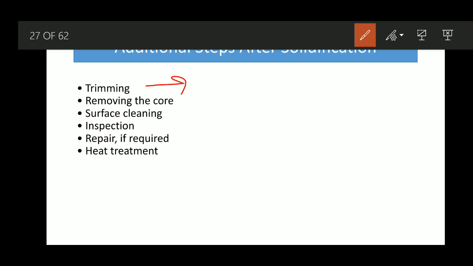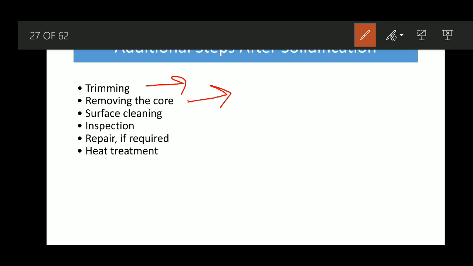Similarly, if we have used a core during the casting process to give rise to an internal geometry, maybe a hole, it is also possible that the hole has some texture on its face.